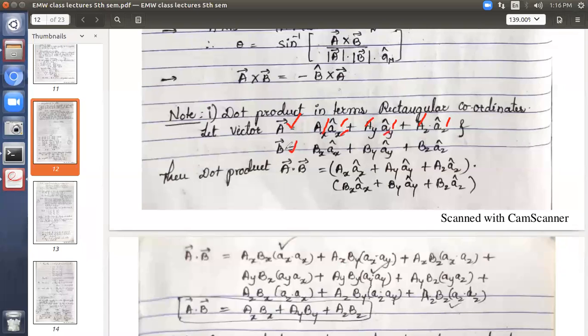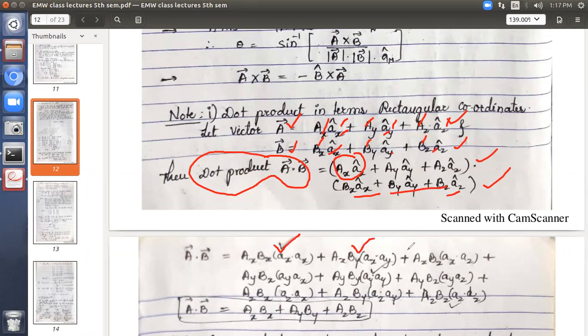Similarly, B stands for a vector which has three different components, Bx, By, Bz in the X, Y, Z directions. If you want to take the dot product A dot B, just multiply these two. What you have to do is take the first term and multiply it with all three terms that I have written here, first, second, and third.